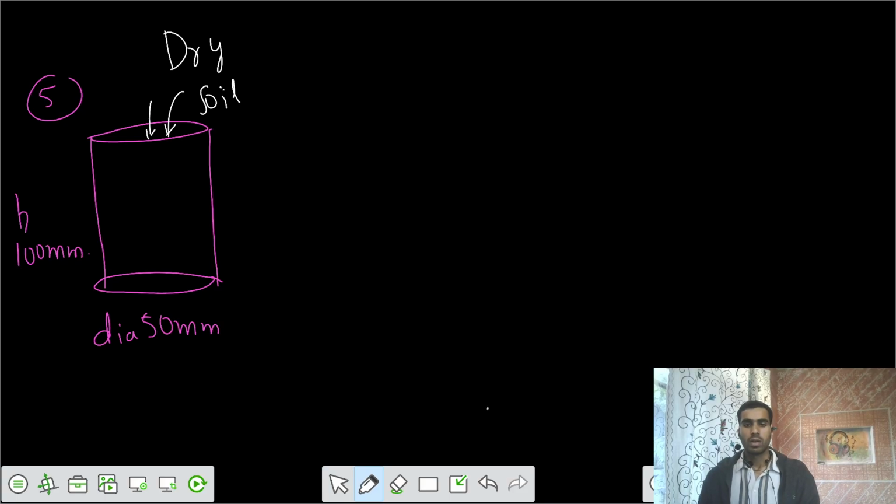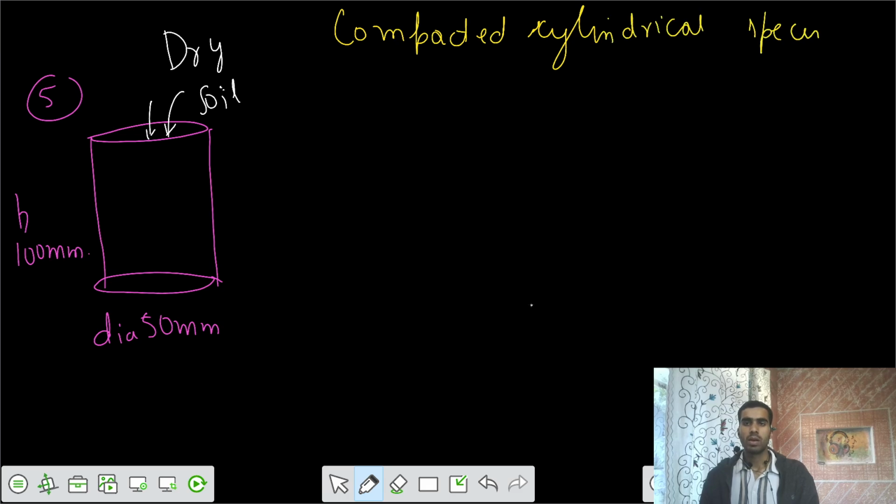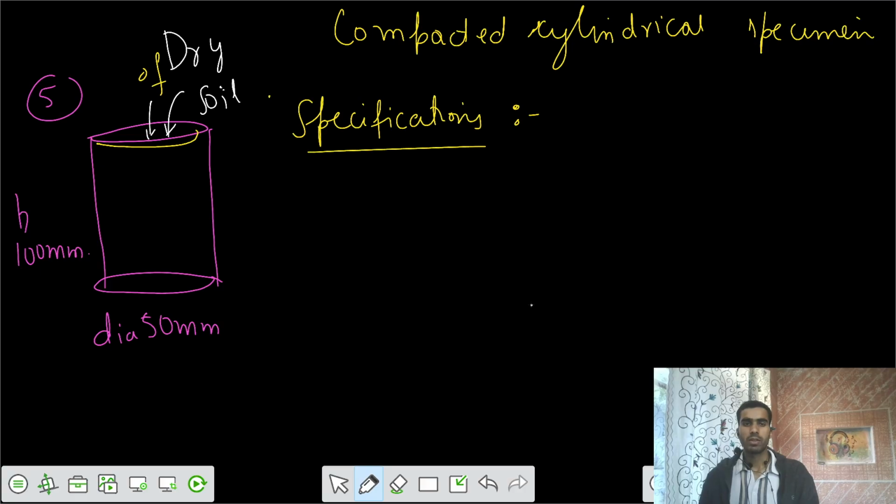So now the problem is that we have a compacted cylindrical specimen of dry soil. Now, what are the specifications for the soil?